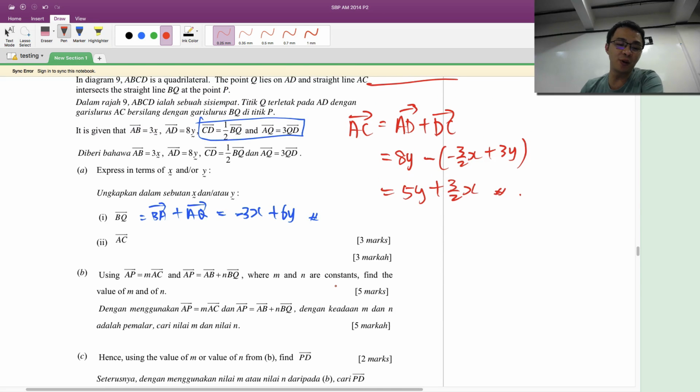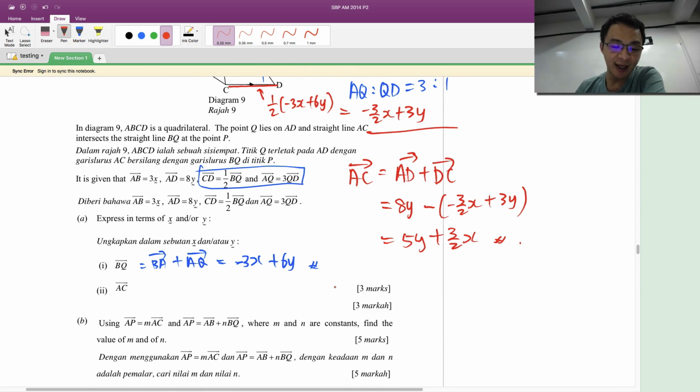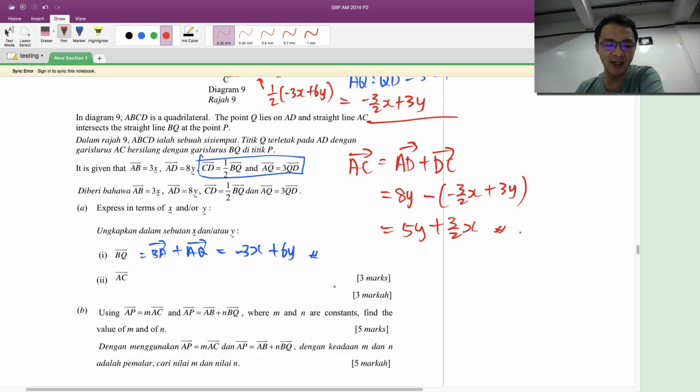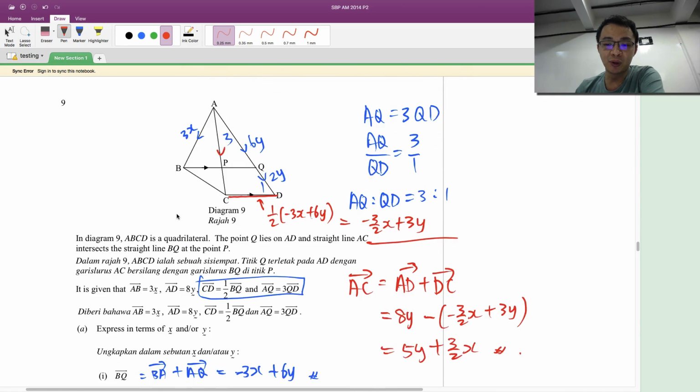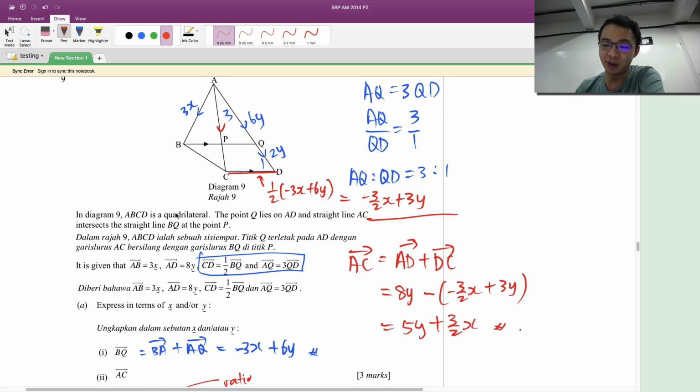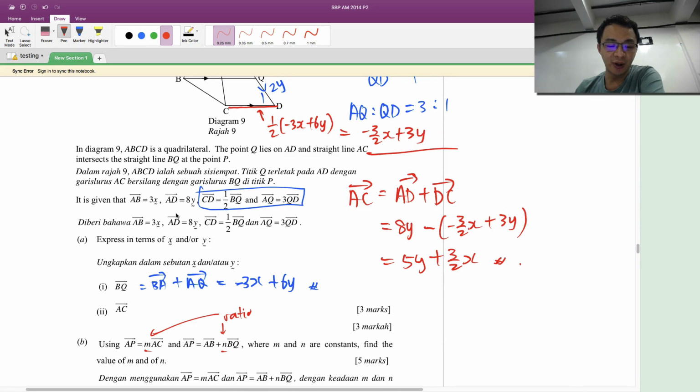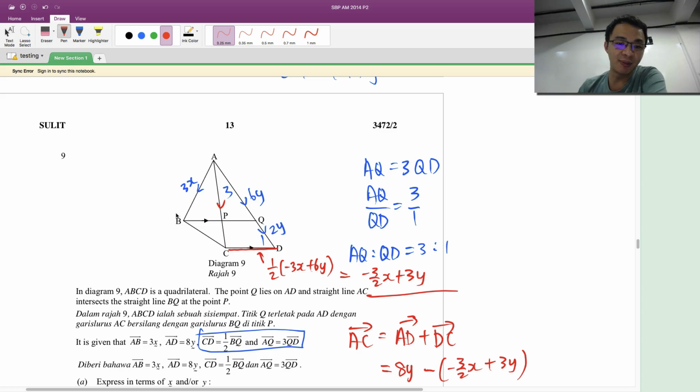Okay, AP equals mAC and AP equals AB plus nBQ. Whenever you see m and n, you don't need to panic. This just means ratio. They're just trying to use something very scientific to make you panic. So actually it's quite simple. What you need to do is basically substitution. AP equals mAC, isn't it?